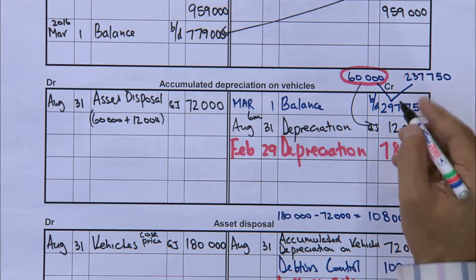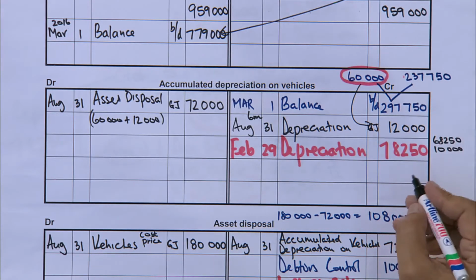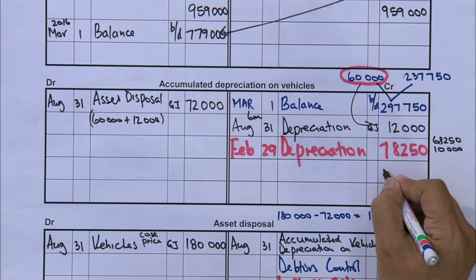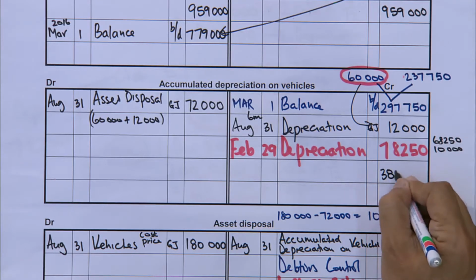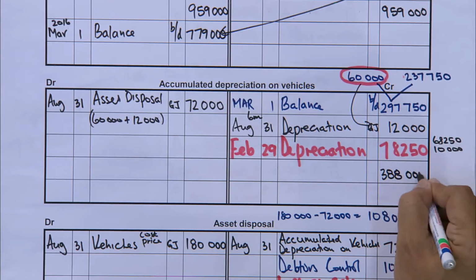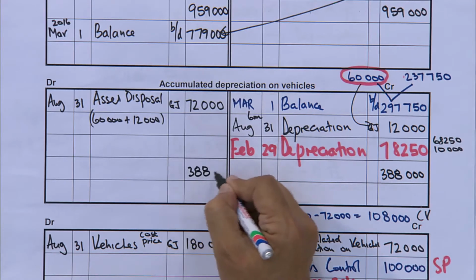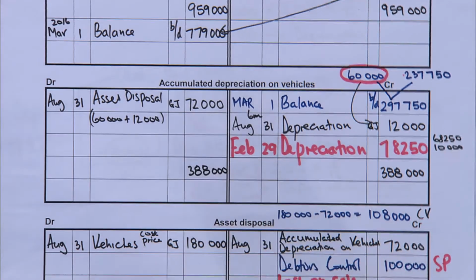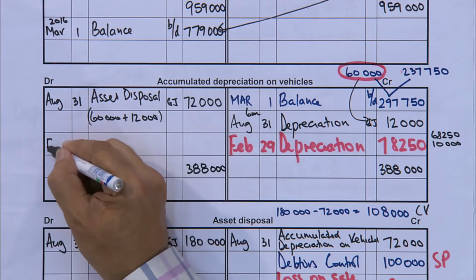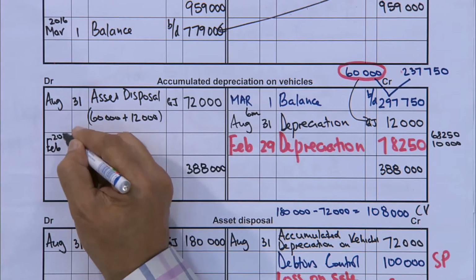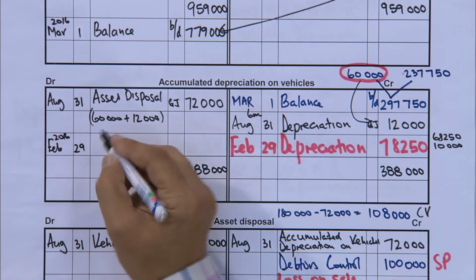Okay? And in the same way, we have to balance the accumulated depreciation account. So we have to add this over here on the credit side. We get that total, 388,000. We balance at the end of the year, so it's Feb 28 or 29.